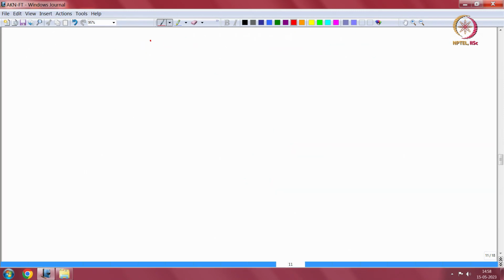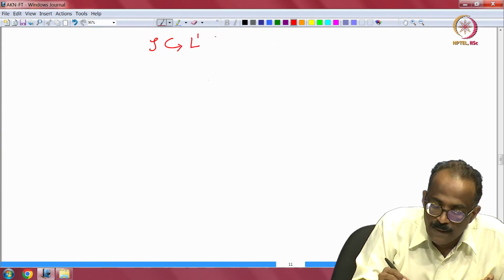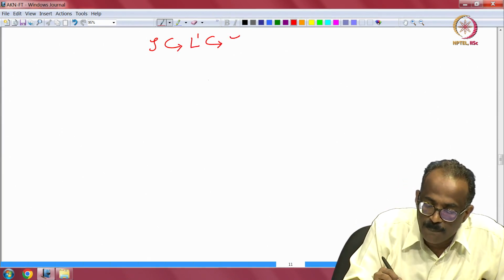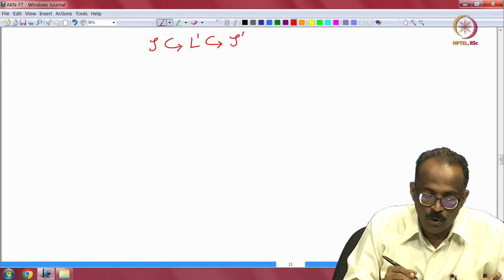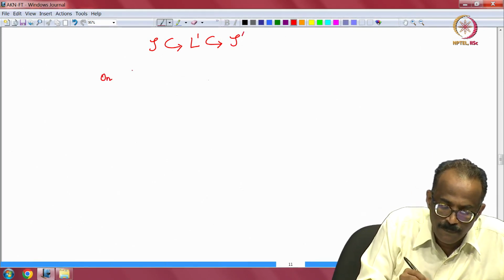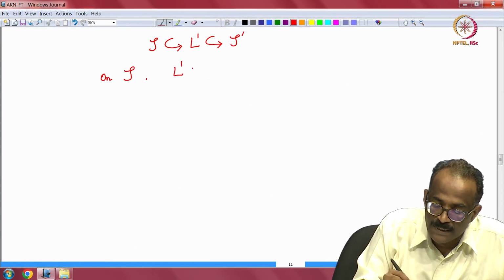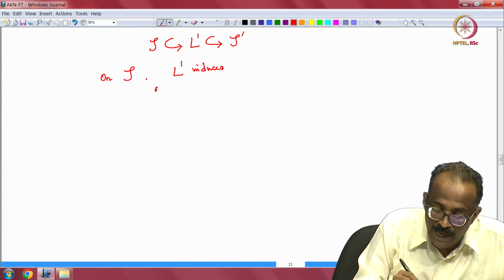So, now look at here: zeta is contained in L1, that is contained in zeta prime. So, on zeta, L1 induces zeta prime.